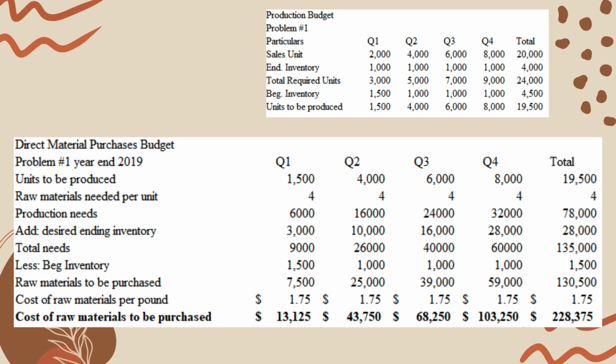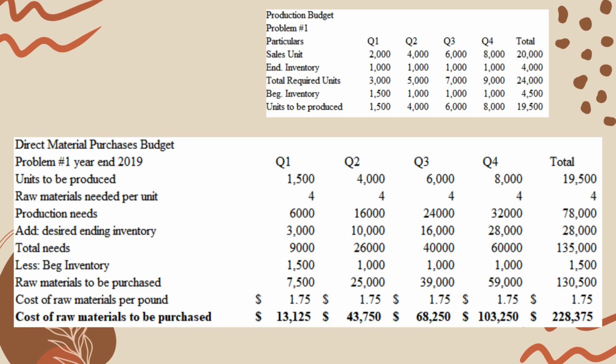So in this slide, this is the solution on how we will compute the direct material purchases budget. We will need the production budget that my group member provided to me in order to solve this. Units to be produced: quarter 1 is 1,500, quarter 2 is 4,000, quarter 3 is 6,000, quarter 4 is 8,000, with a total of 19,500, and this is from the production budget itself.